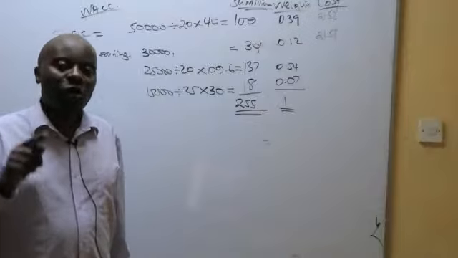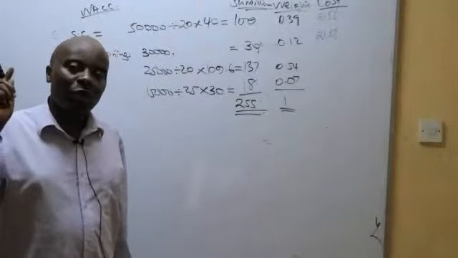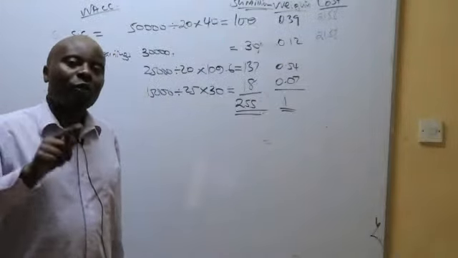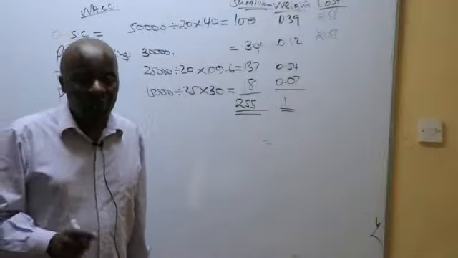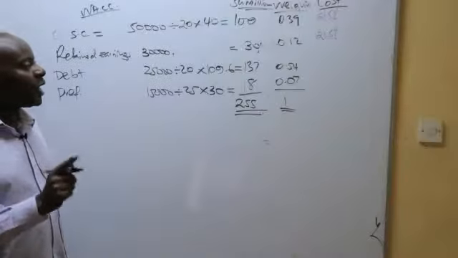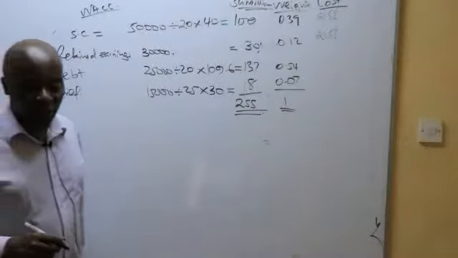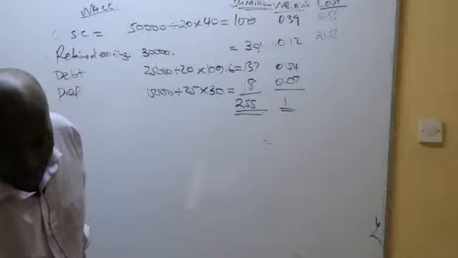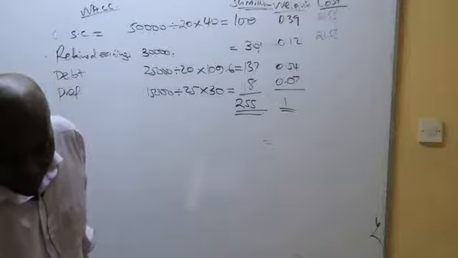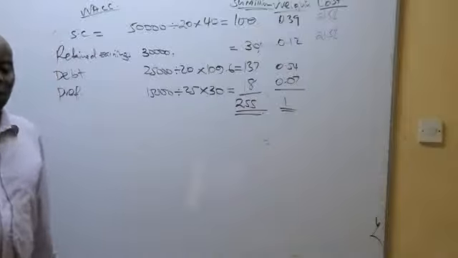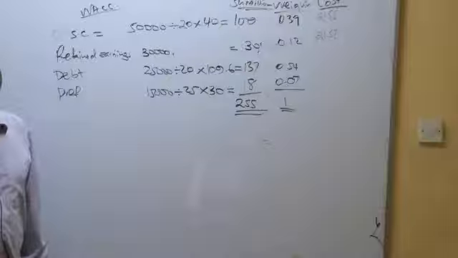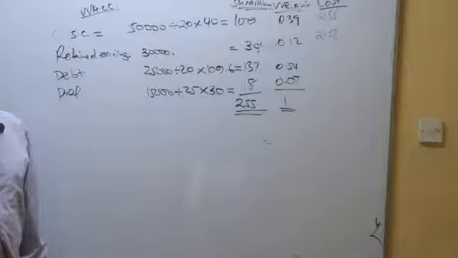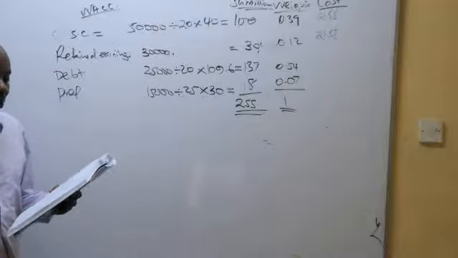If flotation cost was there, then automatically the cost of equity ordinary shares would have been different from cost of equity retained earnings, because ordinary shares would have taken into consideration the flotation. Is that okay?